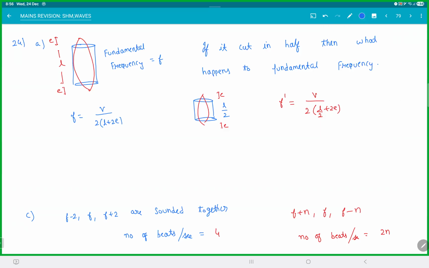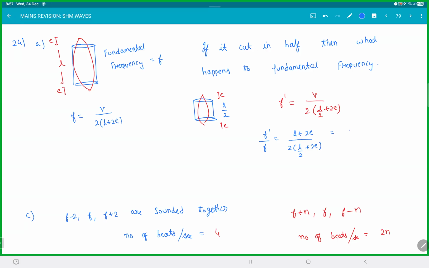Right? So you can just divide them, F dash by F. V goes off, V by 2 goes off. This will be L by 2 plus 2E by L plus 2E. I wrote it reversed: L plus 2E by 2 times L by 2 plus 2E.